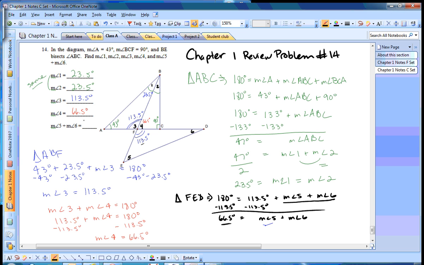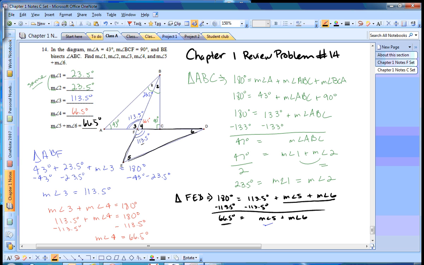Now that's kind of a familiar number. We just worked with that. Is that a coincidence? Well, actually in class we discussed the idea of the exterior angle of a triangle, in this case triangle FED, highlighted for you.